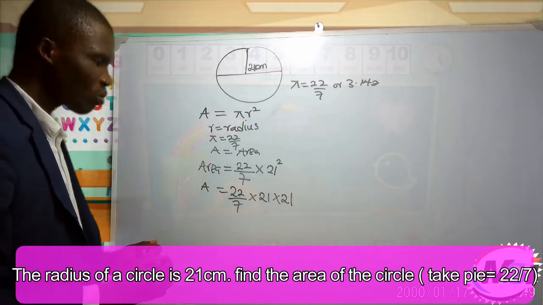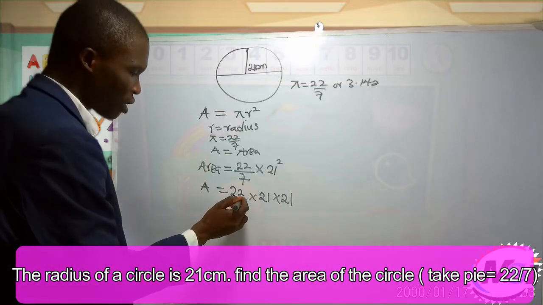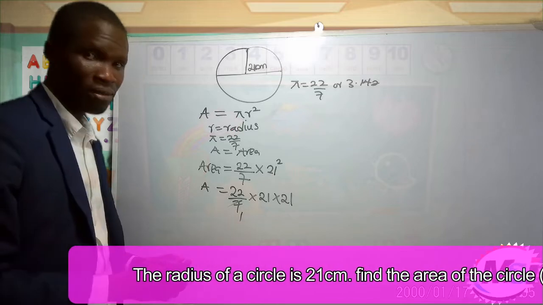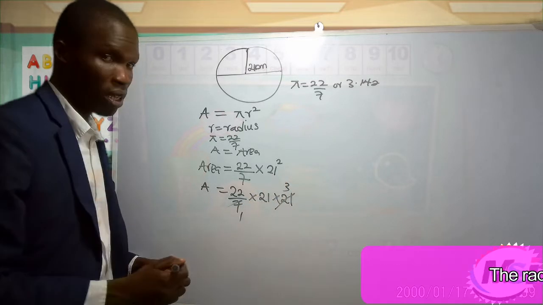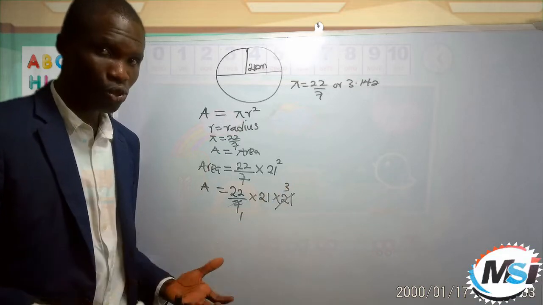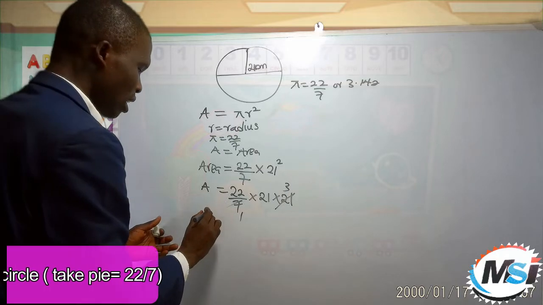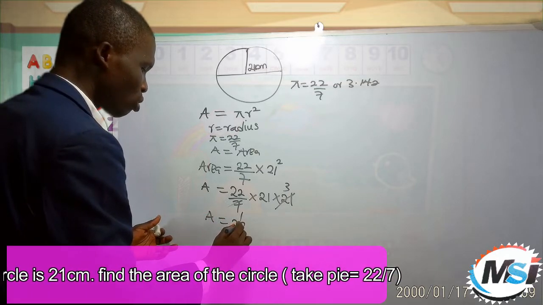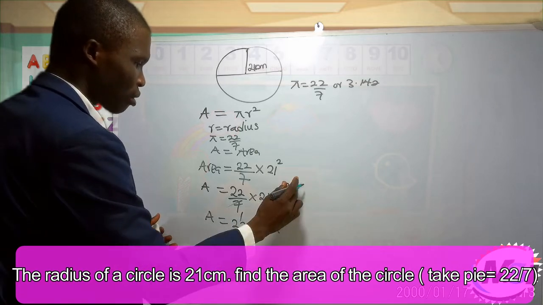Now we are going to do something here. 7 here will give us 1. 7 here will give us 3, because 7 times 3 will give us what? 21. So what remains here is area equals 22 times 21 times 3.